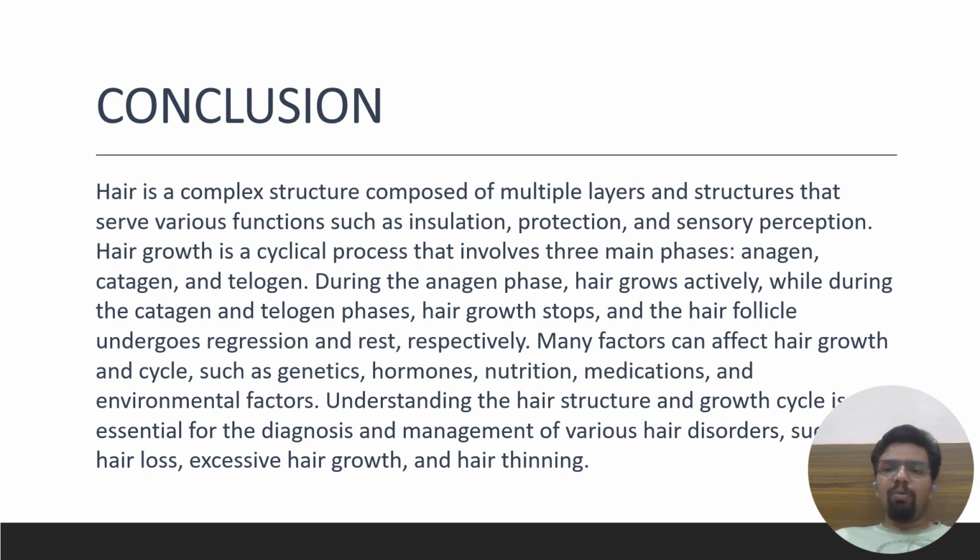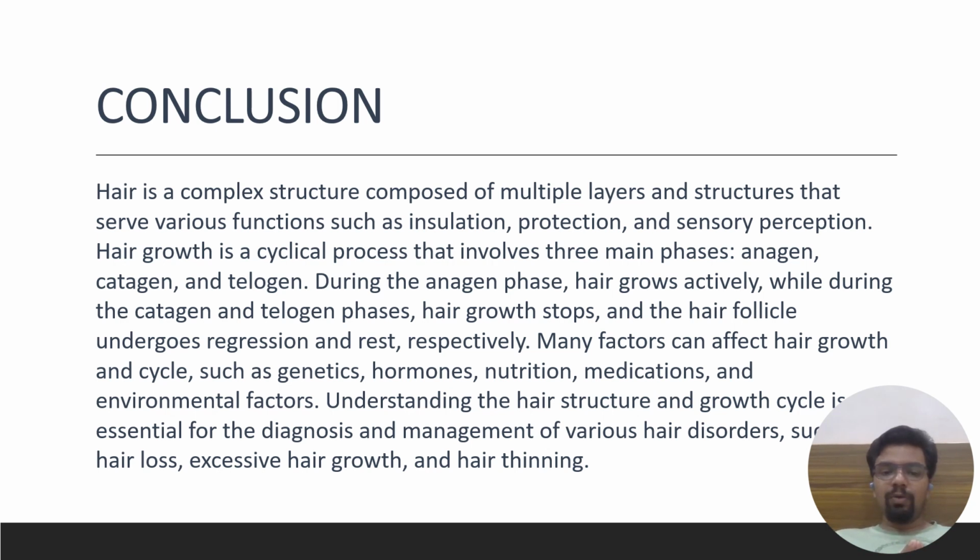Also, we need to understand the hair growth cycle and hair components so that we can understand how the hair growth cycle works, which is a very essential part for the diagnosis and management of various hair disorders that are prominent these days, where external factors like pollution, air, bad weather and bad water are very prominent.